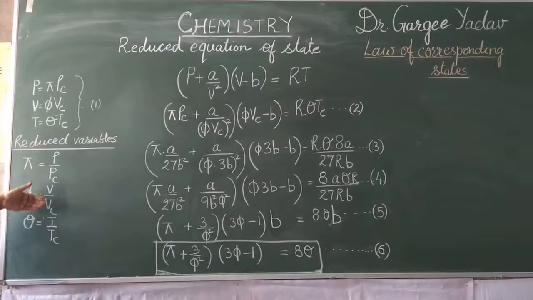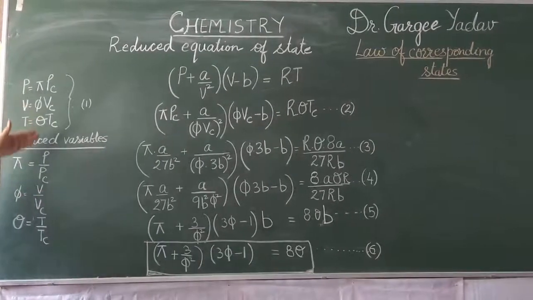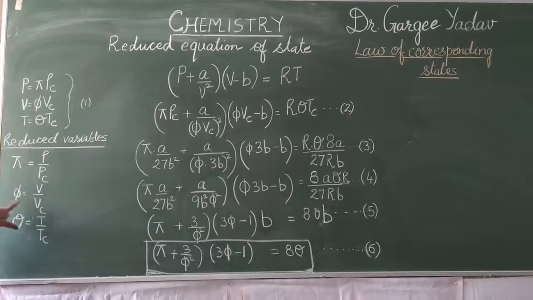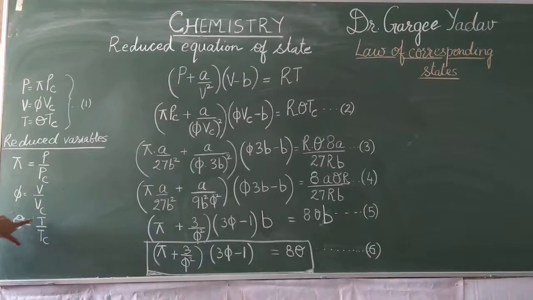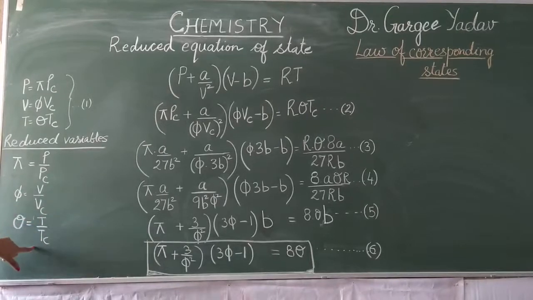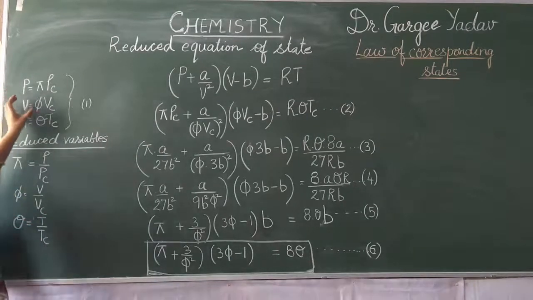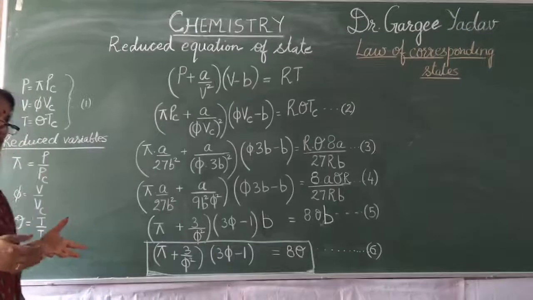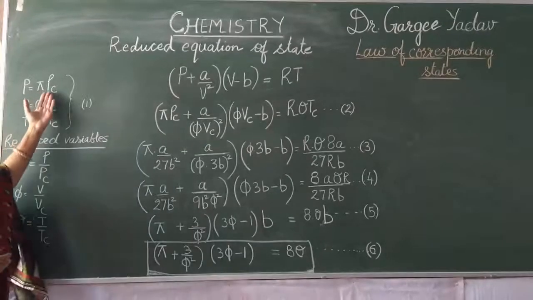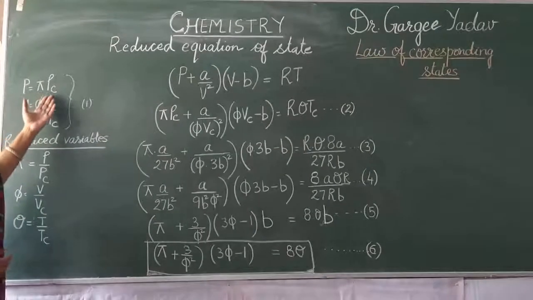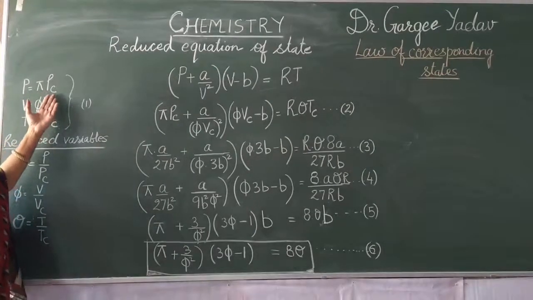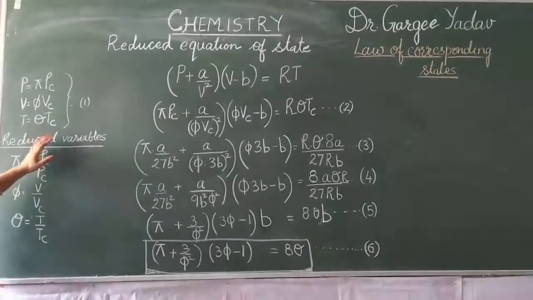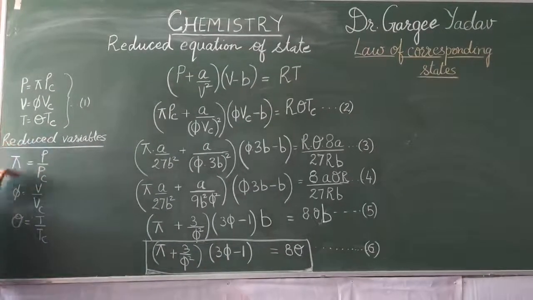And from this, we get that P is equal to pi Pc, V is equal to phi Vc, and T is equal to theta Tc. So the state of the gas, the pressure, volume and temperature, are expressed as the reduced variables and the critical constants Pc, Vc and Tc. Here the reduced variables are pi, phi and theta.